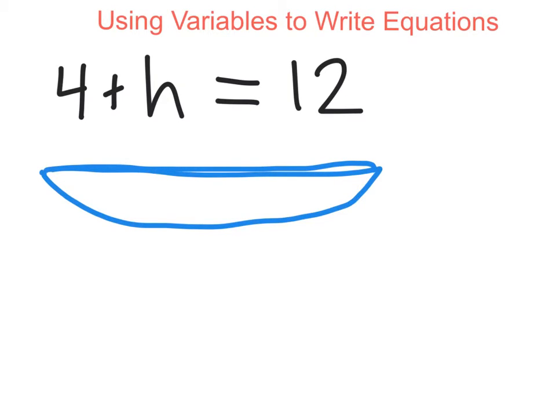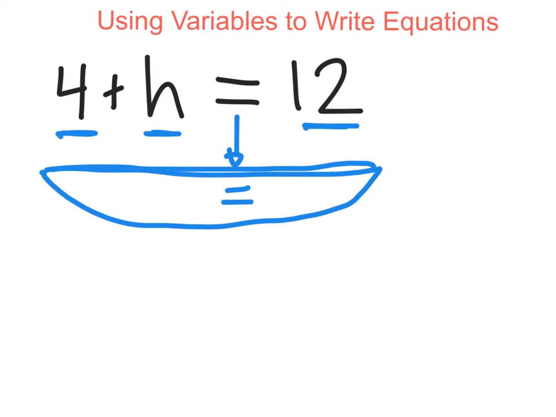The equal sign represents that both sides of the equation have to be equal, or else the boat's going to tip. So over here we have 12, and over here we have 4 plus h. So we have to equal this out. We have to make sure that this side here equals this side here. So 4 plus h equals 12.